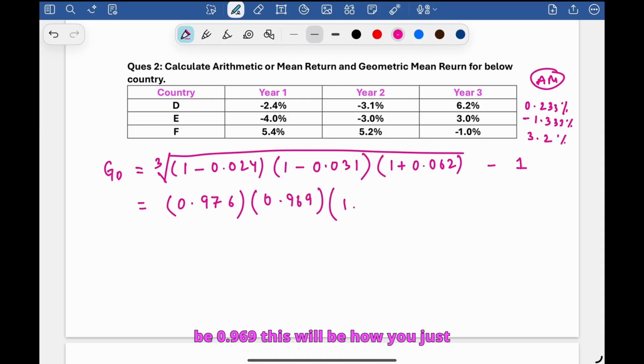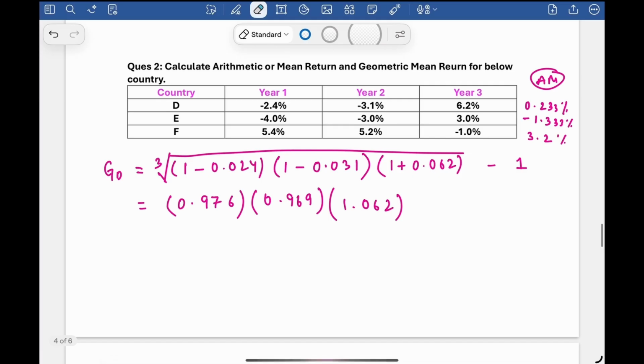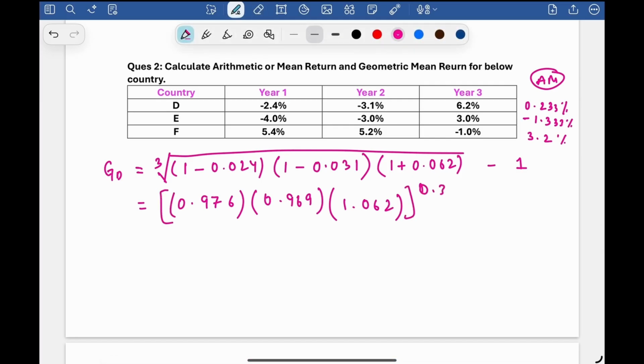Multiply them: 0.976 into 0.969 into 1.062.